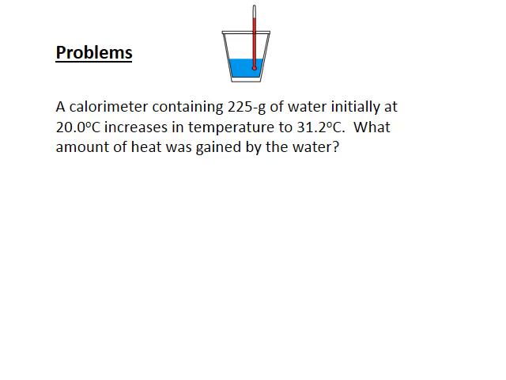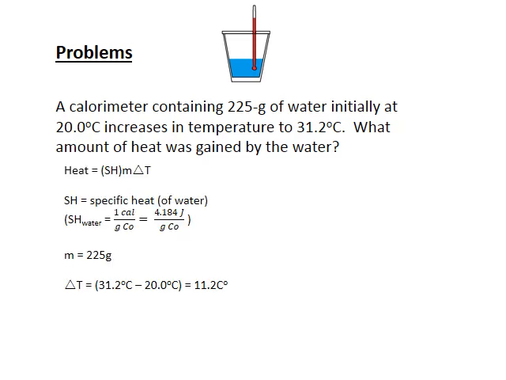So this is not something that we're going to use factor label for. We're going to use a formula, and it's our old friend, the Schmidt equation. So what I know here is that I have the Schmidt equation, and the specific heat of water is something that's necessary. The mass of the water is given, and the temperature change, or a means of calculating the temperature change, is given.